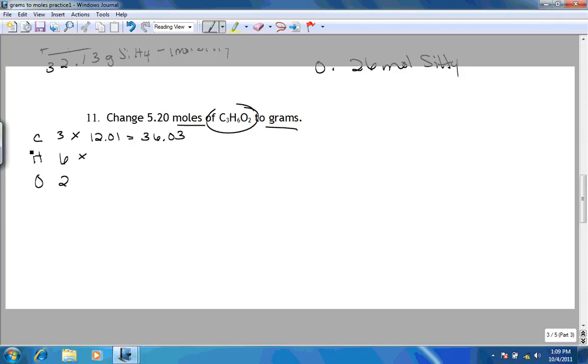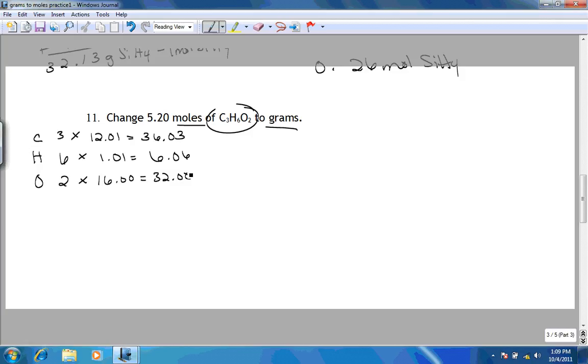Look on the periodic table to find hydrogen, and you find out it's 1.01. And that comes out to be 6.06. And then you look on the periodic table to find oxygen, and you find out that it's 16.00. So it's 2 times 16.00.